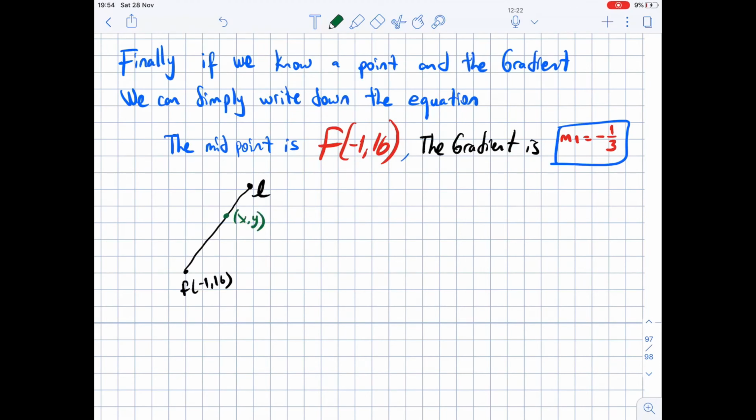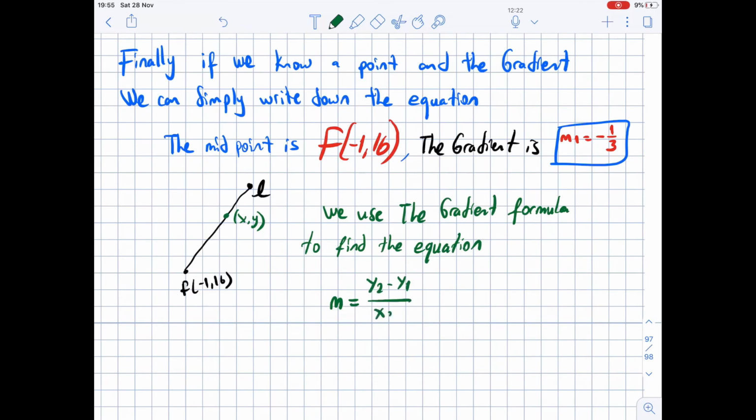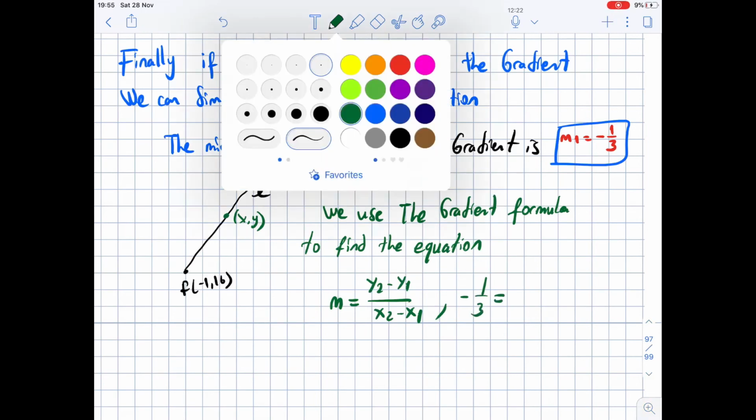If I choose any point on this line segment and name it x and y, I'm going to use the gradient formula to find the equation. So minus 1 over 3 equals, using the gradient formula, m equals the difference of y coordinates divided by the difference of x coordinates. So the gradient is minus 1 over 3.